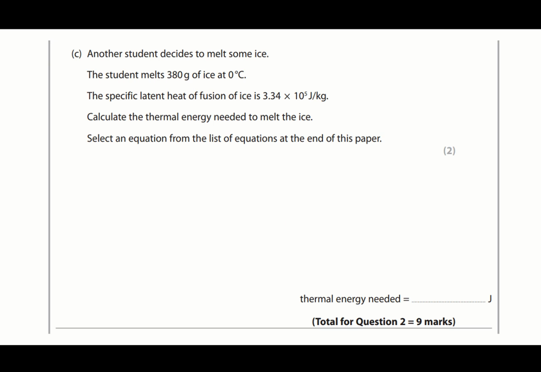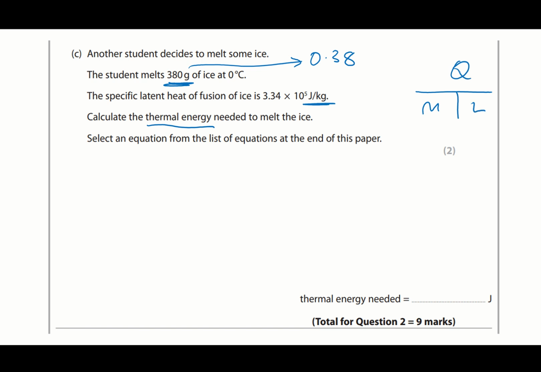Next one. Another student tries to melt some ice. The student melts 380 grams of ice. I'm going to underline that. The specific latent heat of fusion is 3.34, and I can see that that's joules per kilogram. So instantly I'm going to change that into kilograms, 0.38. And it says calculate the thermal energy needed to melt the ice. So we need to use the formula my quirky llama.